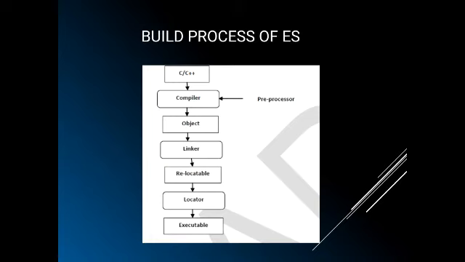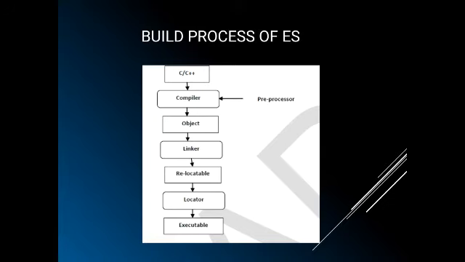The compiler has to convert that higher level language program into a low level language program, either line by line or as the entire program. The interpreter converts the program line by line, and the compiler converts the entire program into a machine language program. So they generate the object code file.